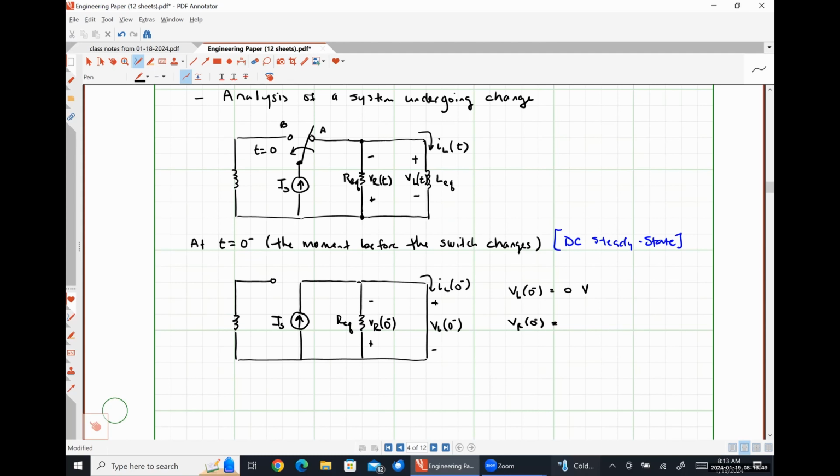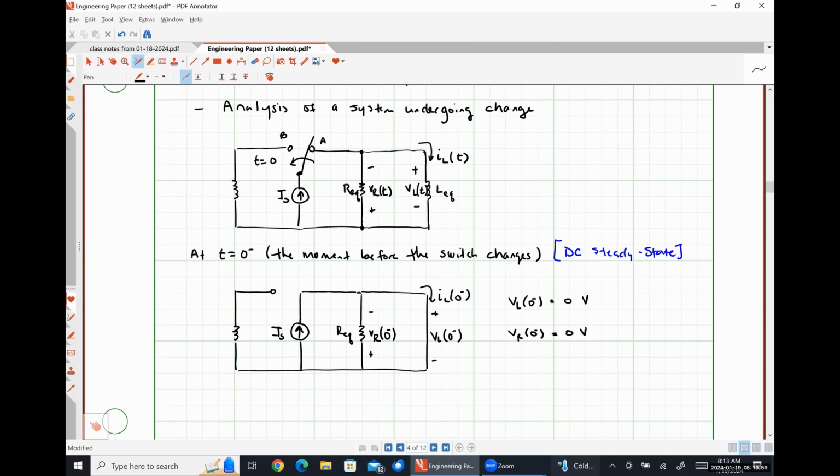What's the voltage drop across our resistor at 0 minus? Zero volts, because the resistor is in parallel with that short circuit, right? So since the resistor is in parallel with the short circuit, if there's a 0 volt drop across the short circuit, there has to be a 0 volt drop across the resistor.